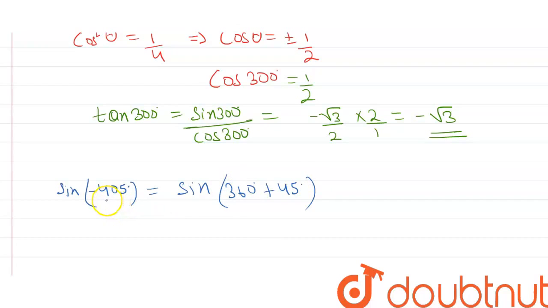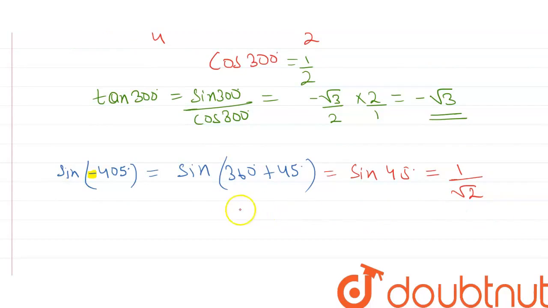I have already made clear the meaning of this minus symbol here; it represents the clockwise direction. If I move further, again 360 or 180, there is no change in the trigonometric function, so it comes out to be sine 45 degree. And what is the value of sine 45? It is 1 upon root 2.